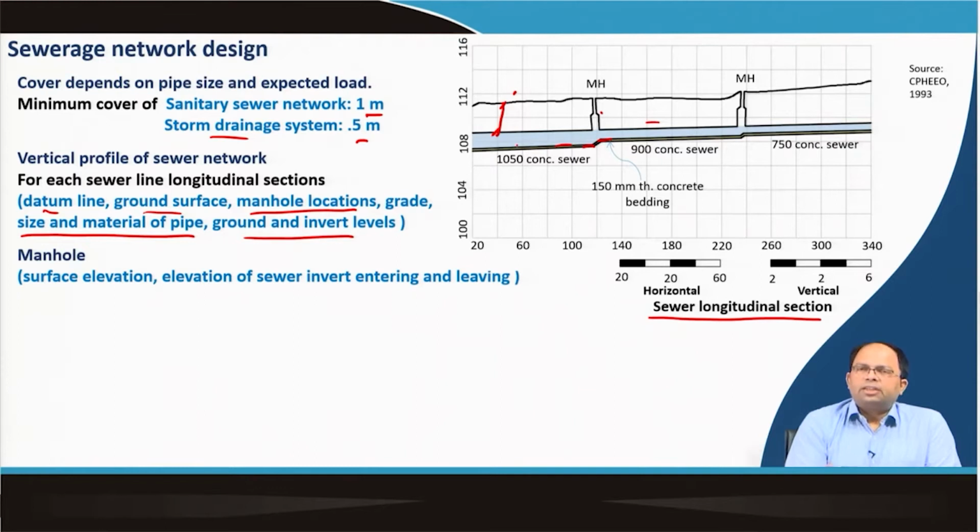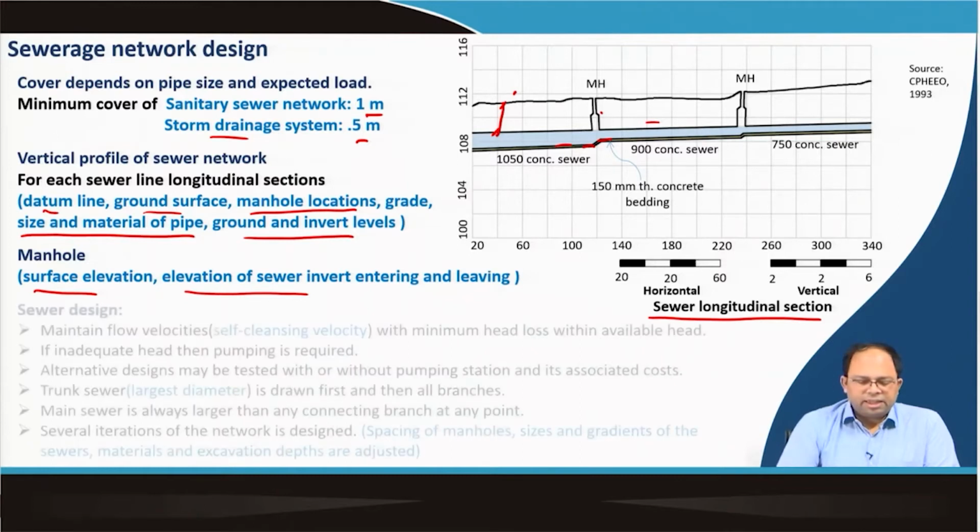So, these are the data that is required. Whenever we design a sewerage network, we will put this data in the network. In the next lecture, I will show you a delineation of a sewerage network, and I will show you how this kind of information is also recorded. So, for manholes we need to understand the surface elevation, and the elevation of the sewer invert entering and leaving.